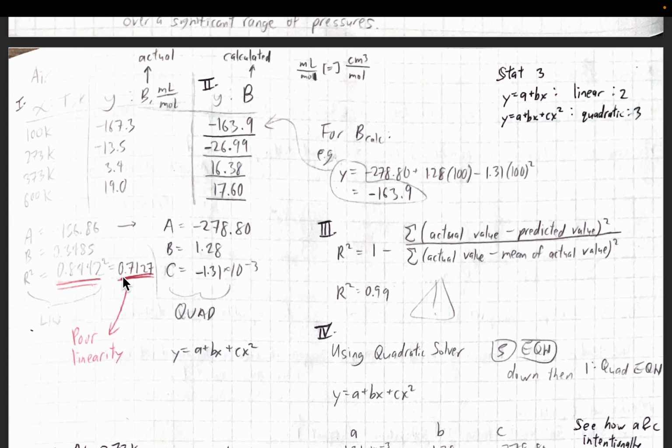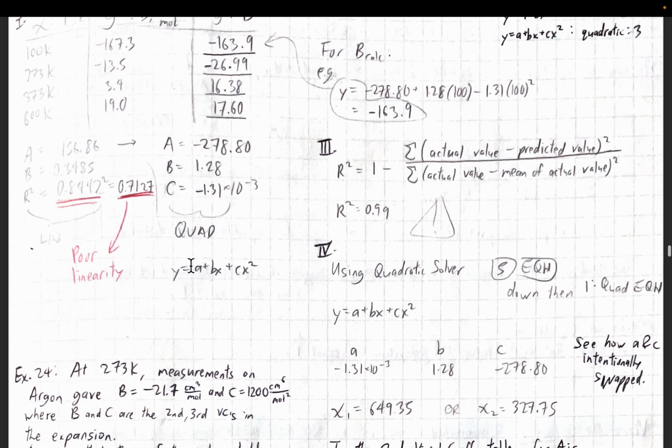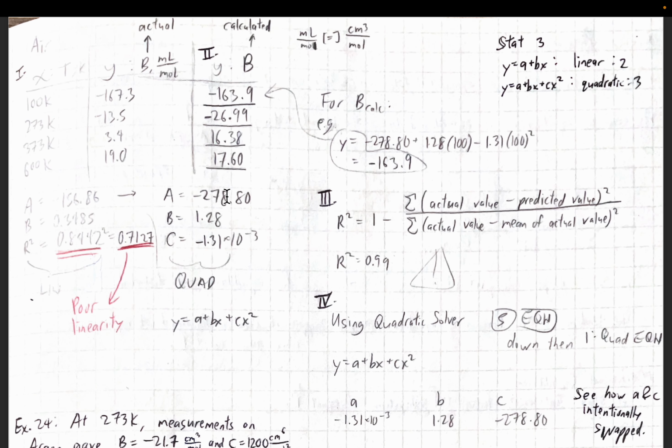You have to modify the settings such that instead of linear, quadratic is being applied. So this one, no. Then you identify the A, B, and C values, and as early as this point, you have to assign A as C in your calculator. Notice here, capital A equals negative 278.80, no?